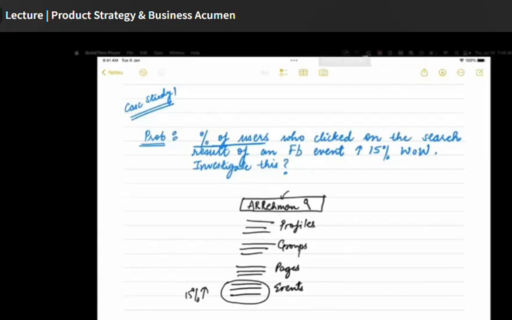Everybody is clear with the question? Yes, no? Please don't consider that events would always be last. Maybe events would have shown in second place. But the idea is, the clicking on links related to the event is happening more compared to page clicks, profile clicks, group clicks, and so on.